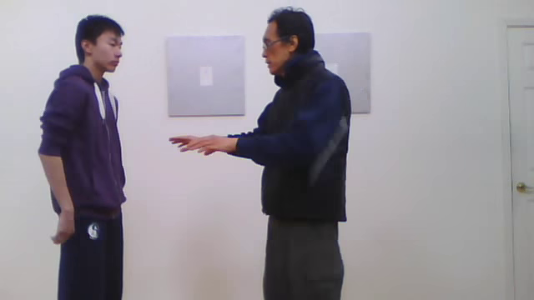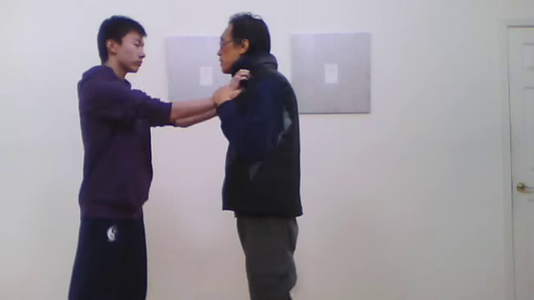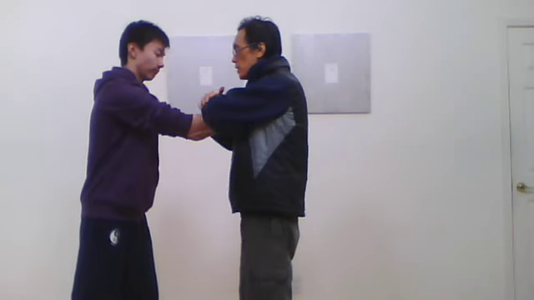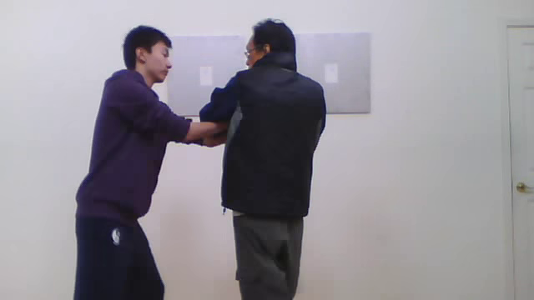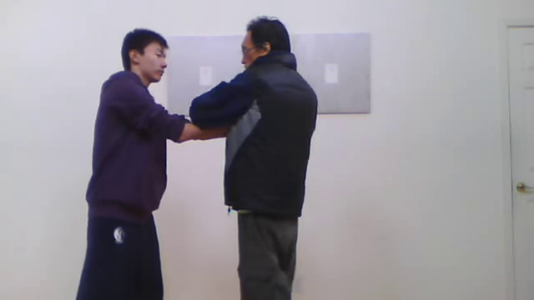For example, the first thing is the double hug, like this. If I get choked, this is the double hug. Okay, there's the double hug. And of course, after the double hug, you can have the elbow strike or the Keijang strike.